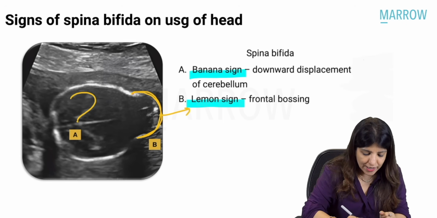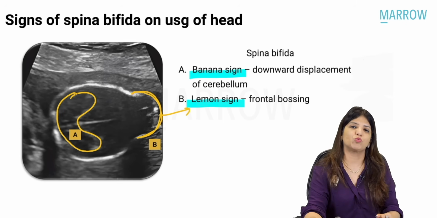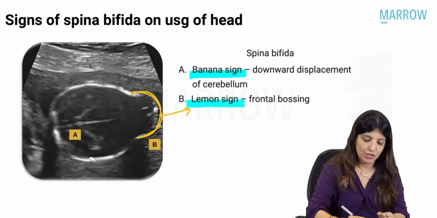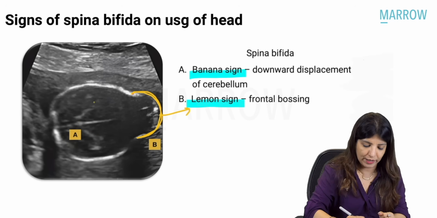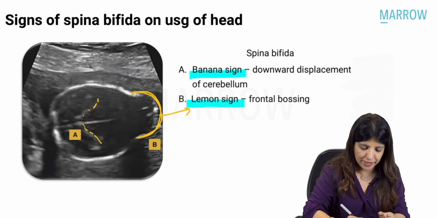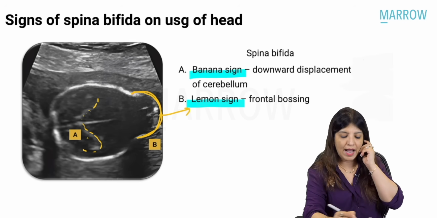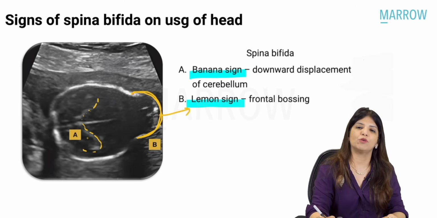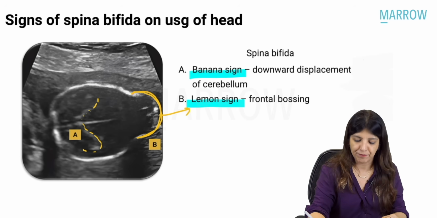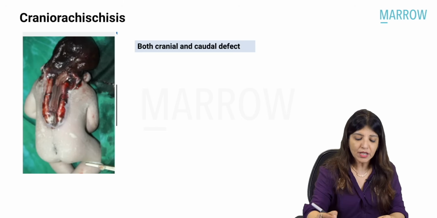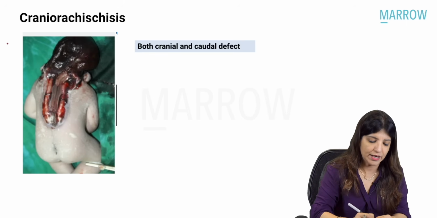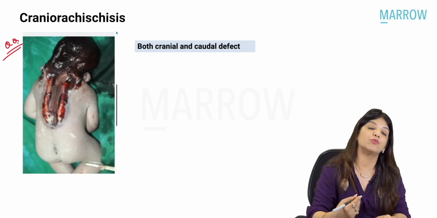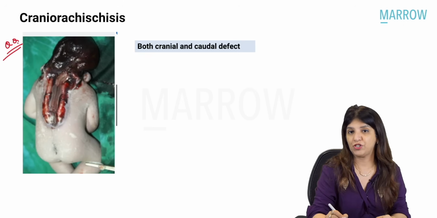And if you see downward displacement of the cerebellum, that is what is called banana sign. So over here, I hope you can appreciate the downward displacement of the cerebellum, which is called banana sign, and frontal bossing, which is called the lemon sign, right? Then this image has been asked in the FMG exam, and earlier it was asked very often in the NEET-PG exam.